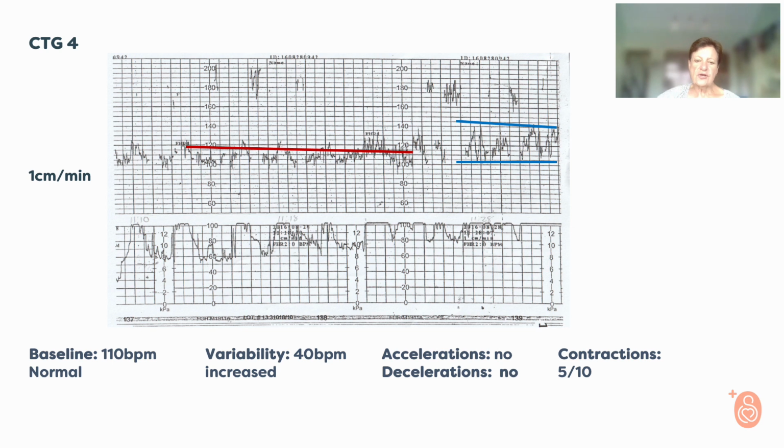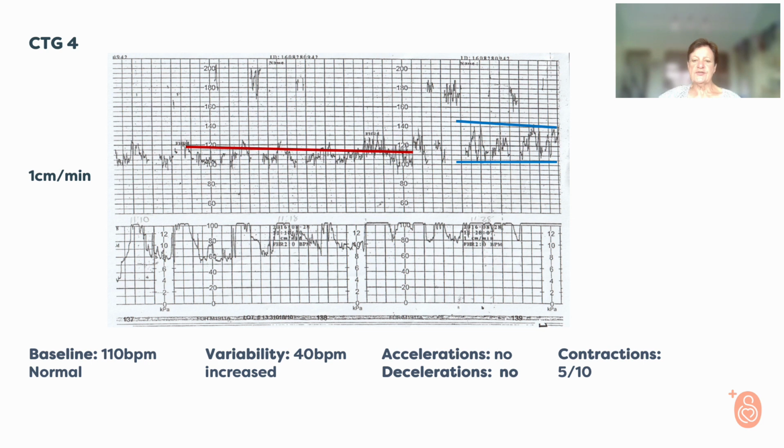Or you can also look at how much variation there was from the peak of the fetal heart to the bottom, look at the range there, and take an average.